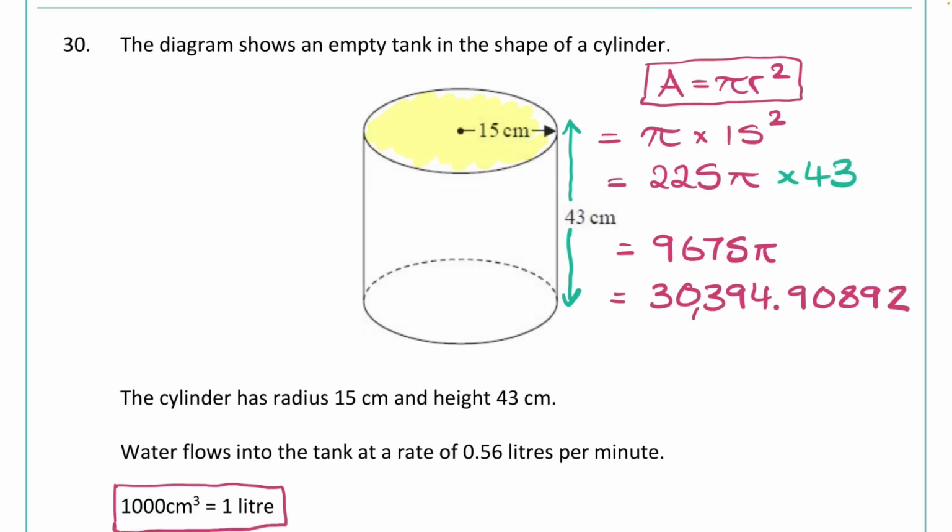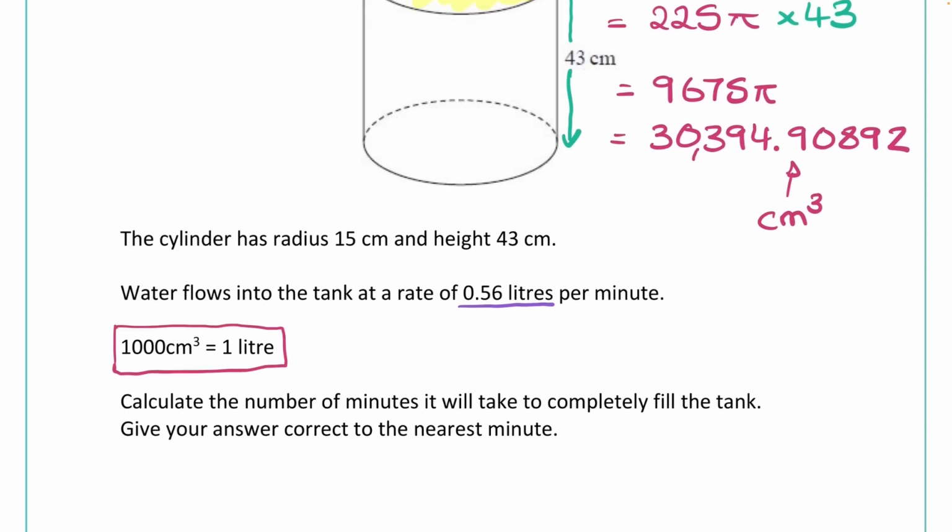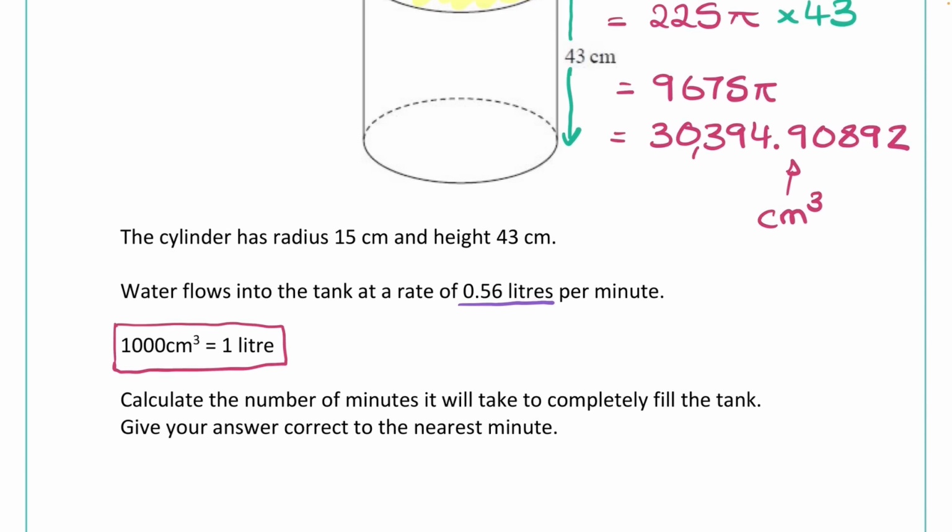Now it says here that the water flows at a rate of 0.56 litres per minute. However, at the moment, this volume that we've worked out is in centimetres cubed, as we were dealing with centimetres. So we do need to convert that into litres.